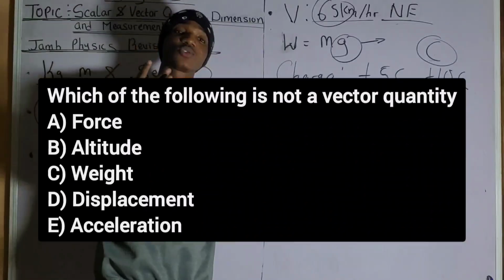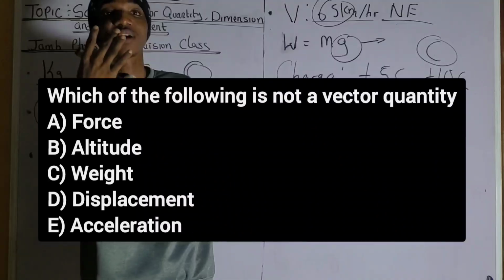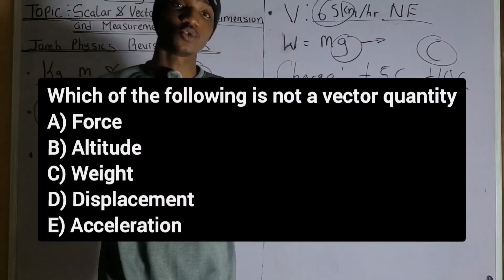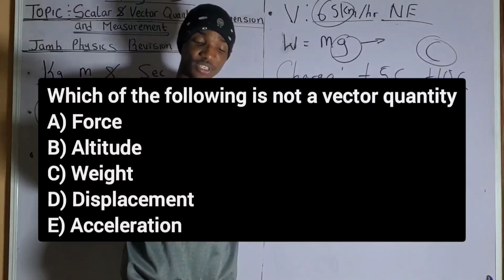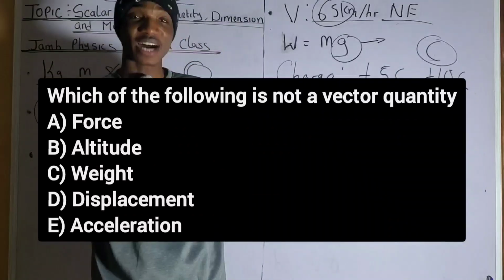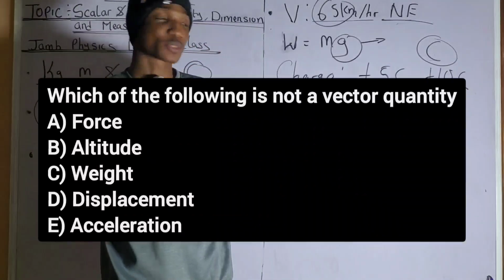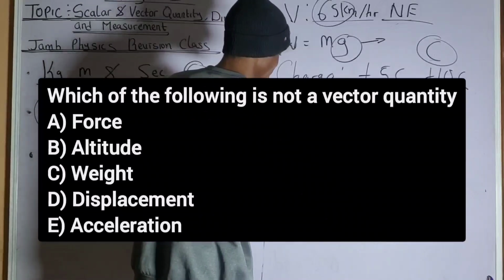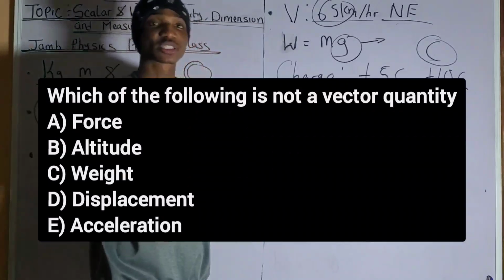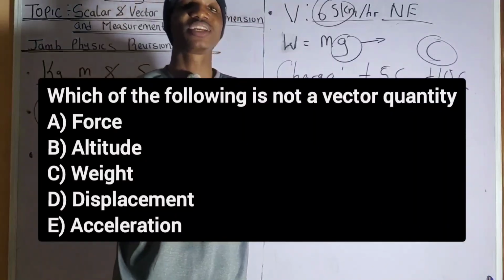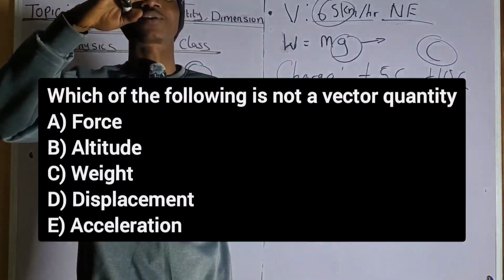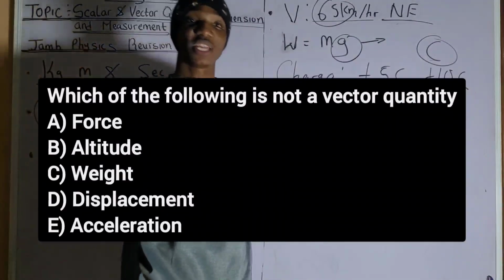Altitude is the height which an object attains above the sea level. And we have option C, weight. We have D, displacement. We have option E, acceleration. The correct option is option B. Altitude is not a vector quantity. It is a scalar quantity because it only describes how high an object is above the sea level. Do you understand?